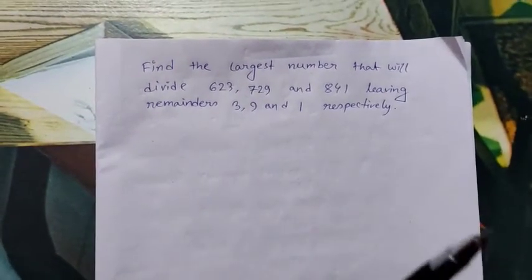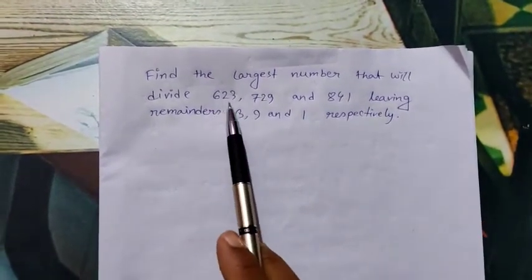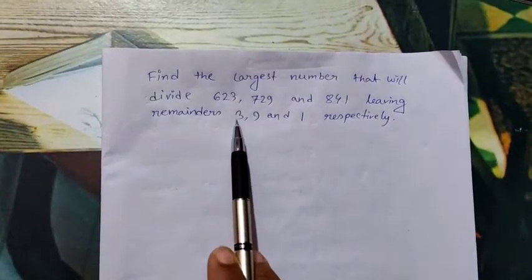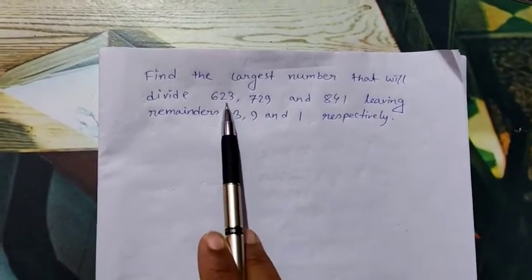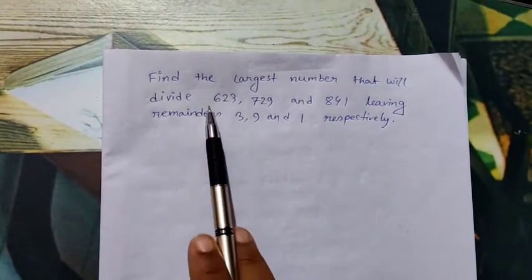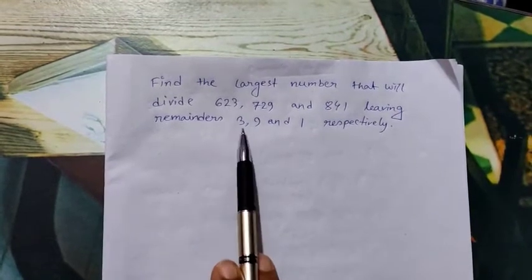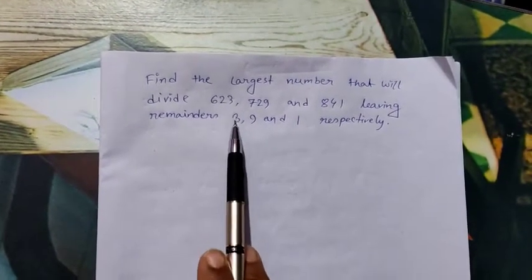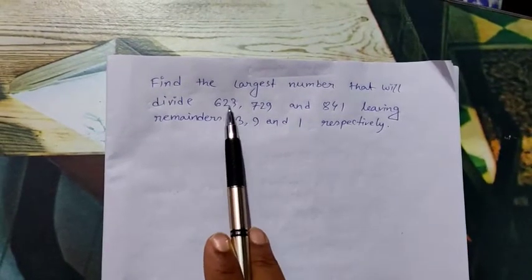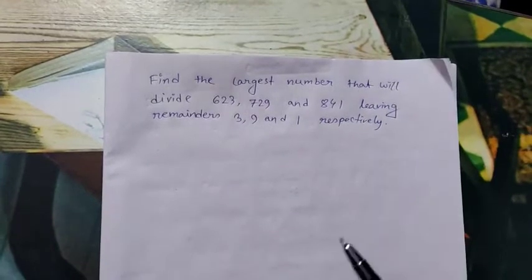You have to find a number which divides 623 and leaves a remainder 3. So 623 is the dividend, and if you subtract this remainder from this dividend, 620 will be perfectly divisible by that number.